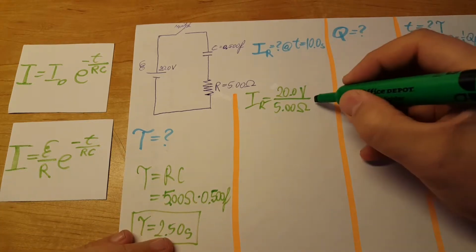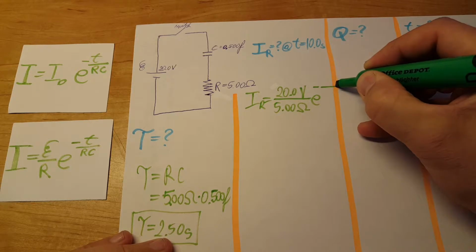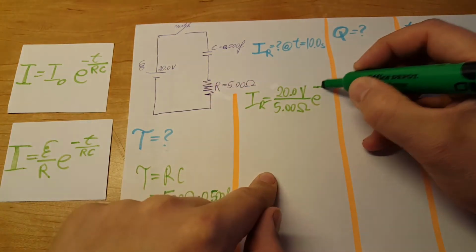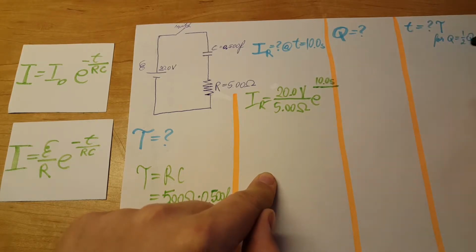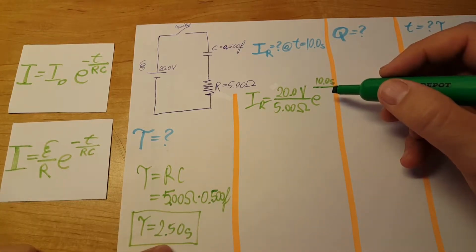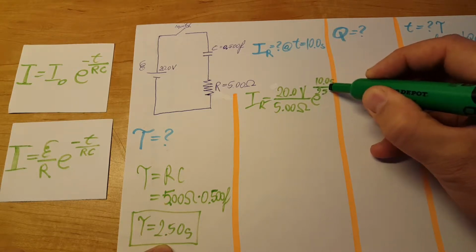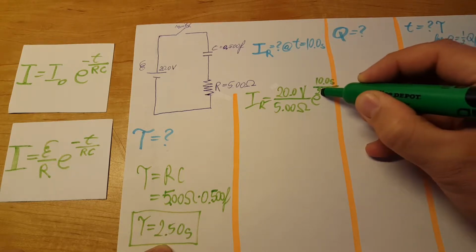There you go. We have e to the power of 10 seconds on top. And our RC comes on the bottom. And our RC, we know that is tau, so we can go ahead and just plug this one in: 2.50 seconds.